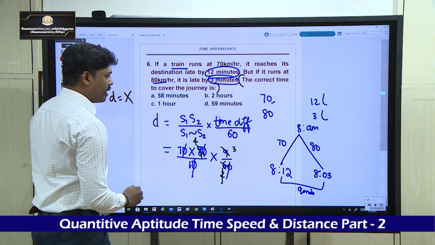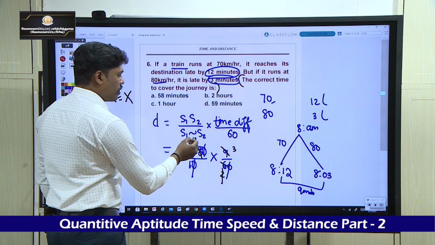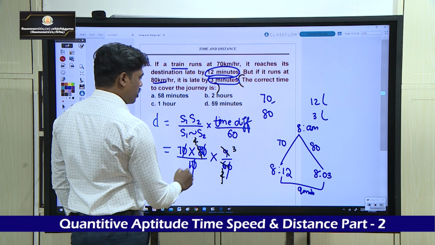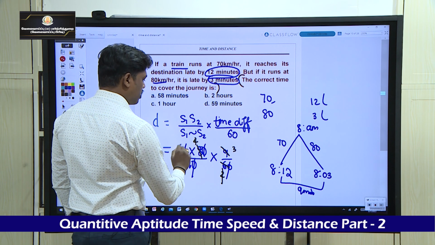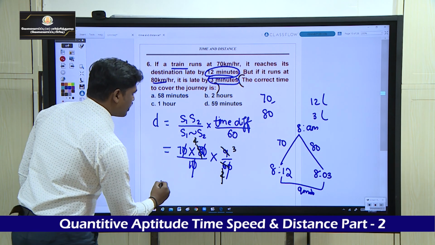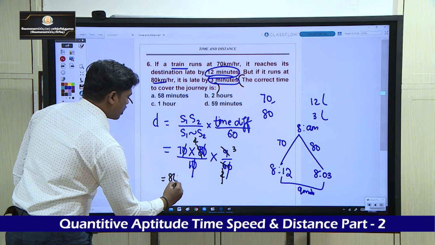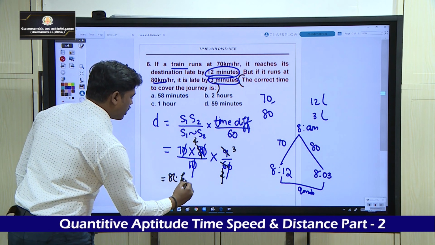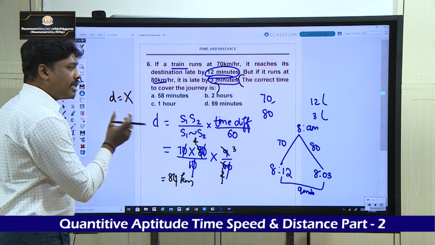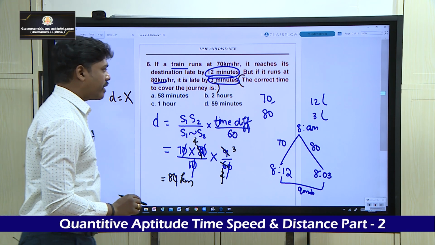Now, just multiply 7 into 4 into 3. So, 3 4s are 12, 12 into 7, which is 84 kilometer. So, what we found out here is the distance is 84 kilometer.